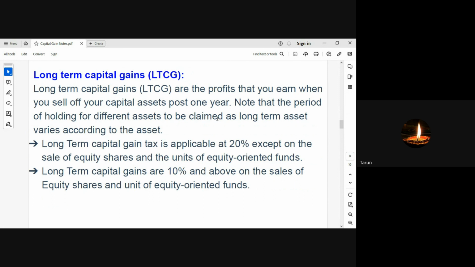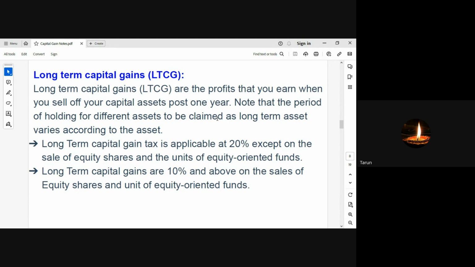Let's talk about the long term capital gains. Long term capital gains are the profits that you earn when you sell off your capital assets after 1 year. Any asset which you sell and earn profits on after 1 year is called a long term asset.